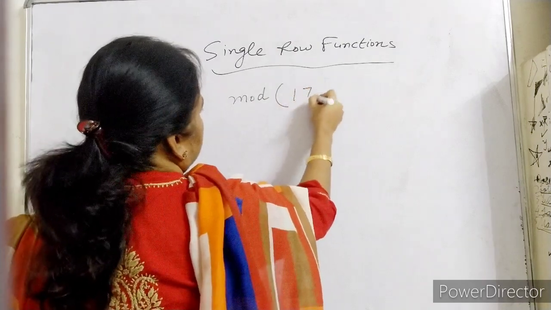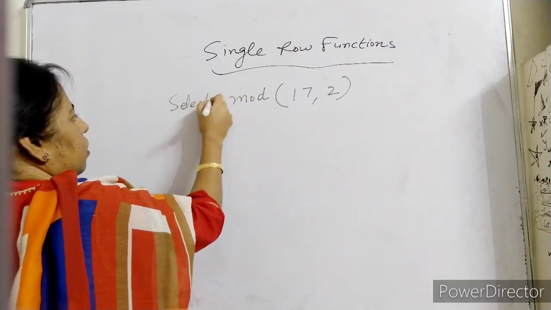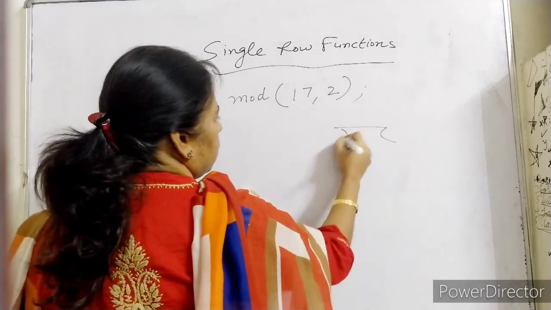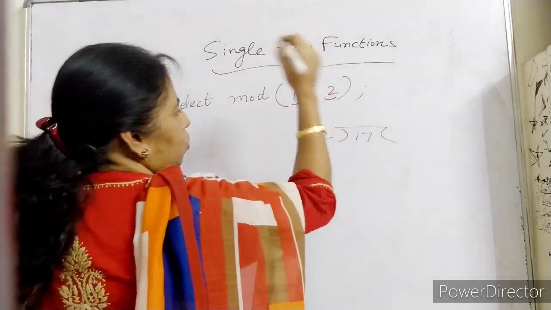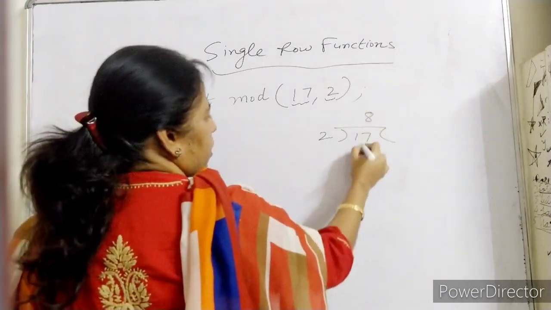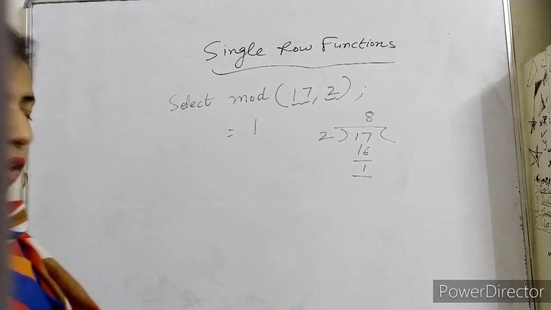Suppose I have used mod(17, 2) in a select query. Clear? What does this function return? 17 divided by 2. This is my number and this 2 is my divisor. Divide the number 17 by 2. 2 8s are 16. The remainder is 1. It means this function will return me 1. Clear?